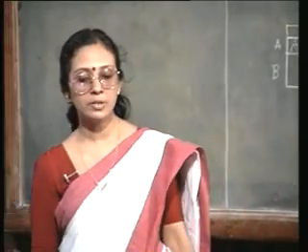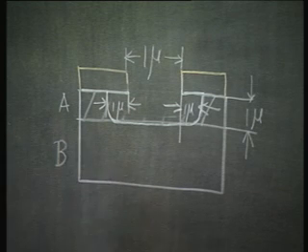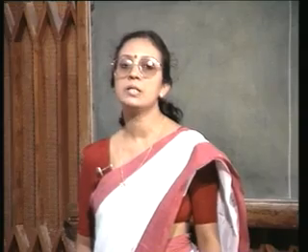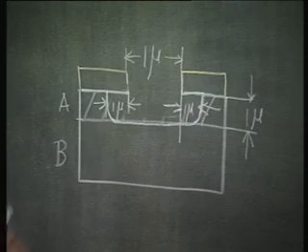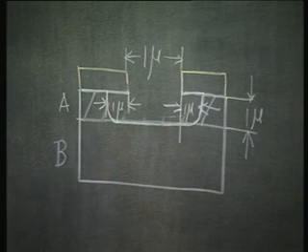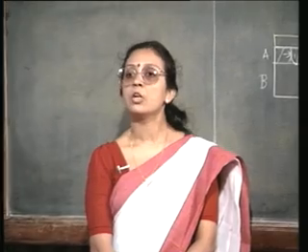Now, here the problem is very funny. I have put it in this etchant solution, the material A is getting etched, and finally I come to the interface of A and B, that is at this line. Remember, I have no way of precisely determining what the time instant is. Therefore, to be on the safe side, I am going to leave it in the etchant solution for a longer period.